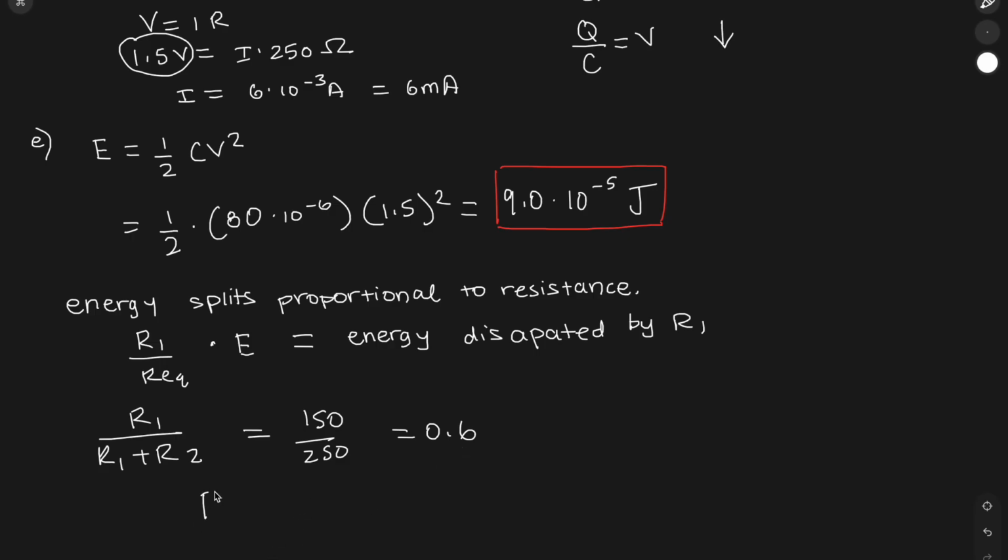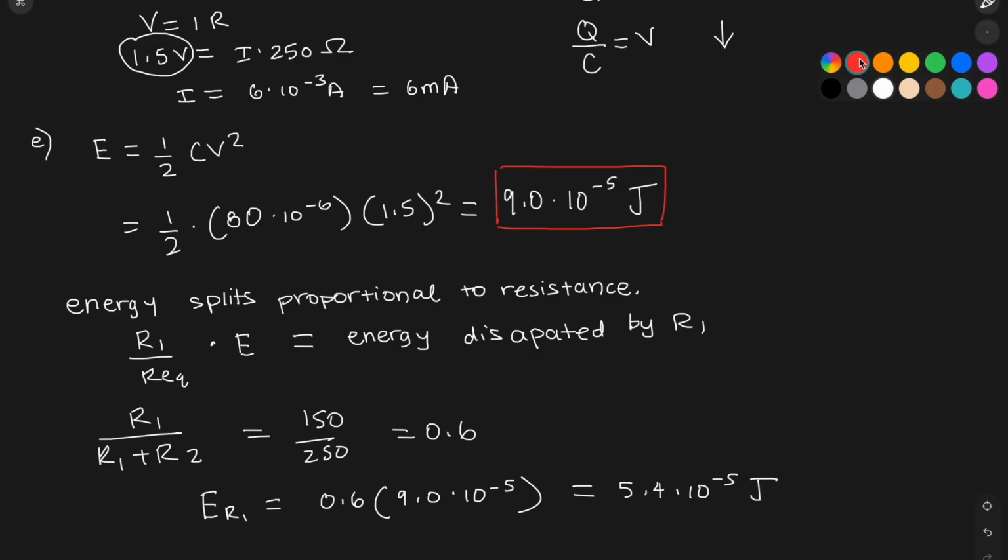Then the energy dissipated by R1 is going to be equal to 0.6 times the total energy, which we calculated in part 1 of part E, and we get 5.4 times 10 to the negative 5. Now this was the very easy way of solving this question. However, there is a more intense calculus-based way of solving it.